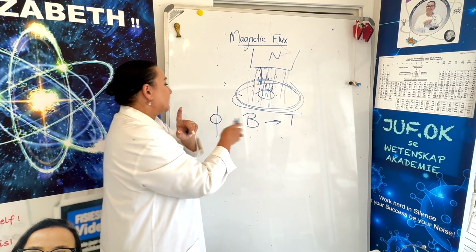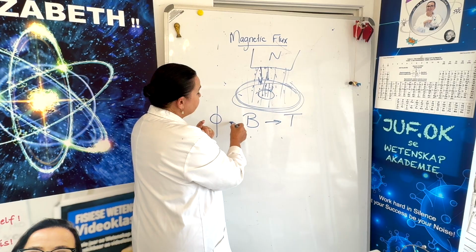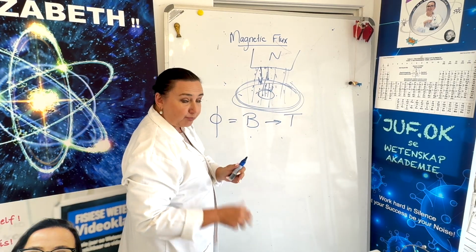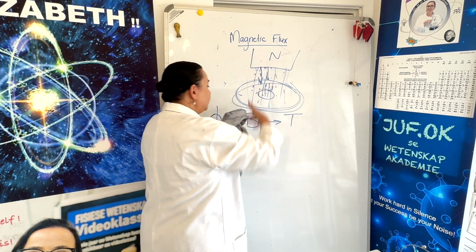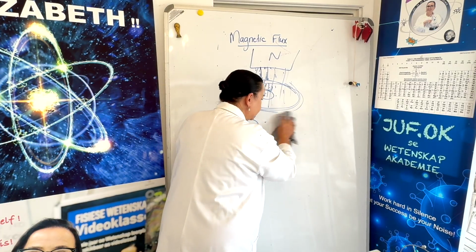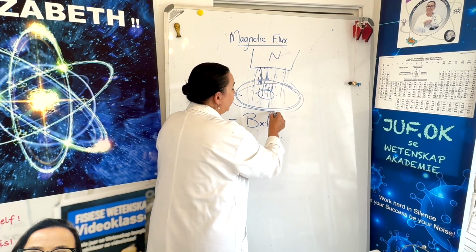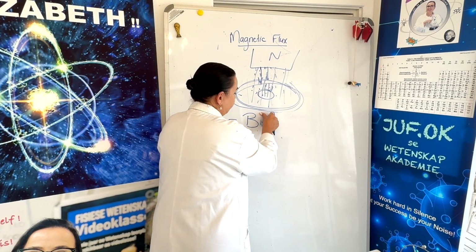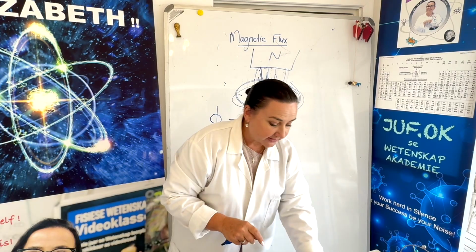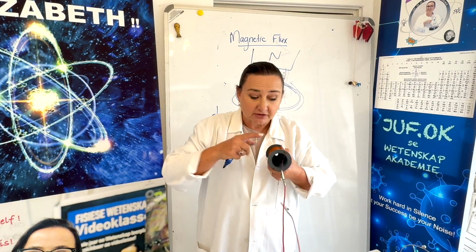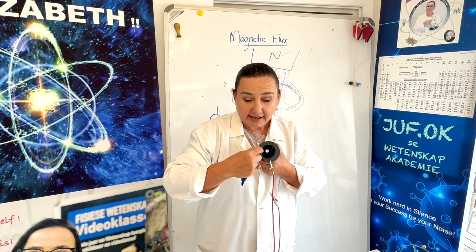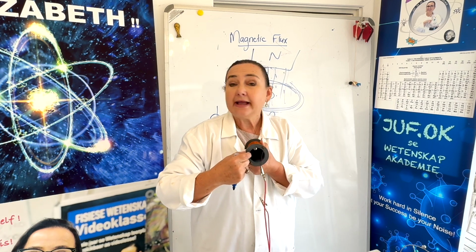That means, and magnetic flux we're now going to see is going to be directly proportional to what? The strength of the magnet, yes, in Tesla, times the area, the opening of that area. So if my area is a circle, I will have to measure the radius, or they're going to give it to you in meters.